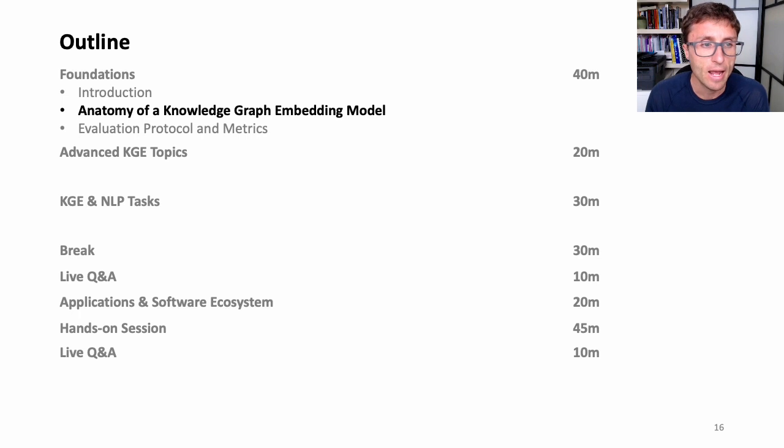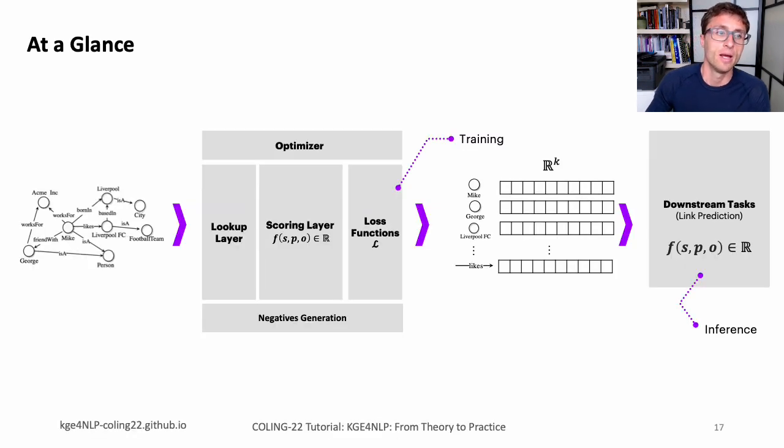Now, I have introduced what knowledge graph embeddings are. What I would like to do in the next section is talk a bit about the anatomy of these methods, and describe how they work under the hood. What you see on the screen here is the architecture of a conventional knowledge graph embedding model. Like I said before, it is a method based on artificial neural networks.